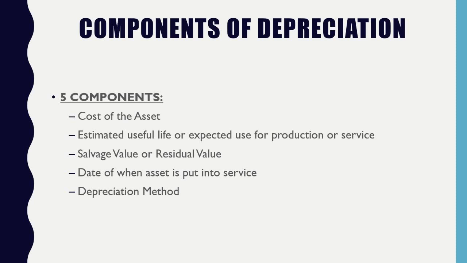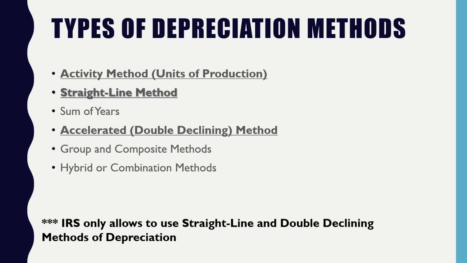So we're going to be looking at it as if it's only 3.5 years instead of a full 4 years. Okay, so time sensitive is very key. And then lastly, the depreciation method. So again, we've looked at units of production, double declining, and lastly, we're going to be looking at straight line.